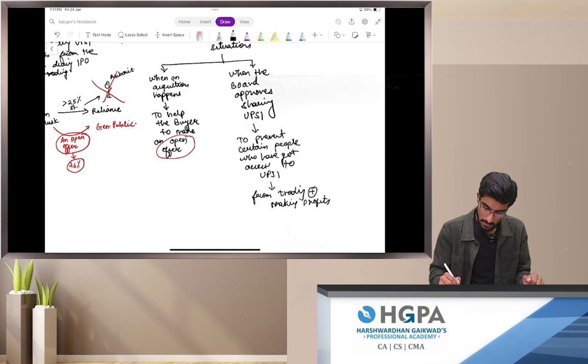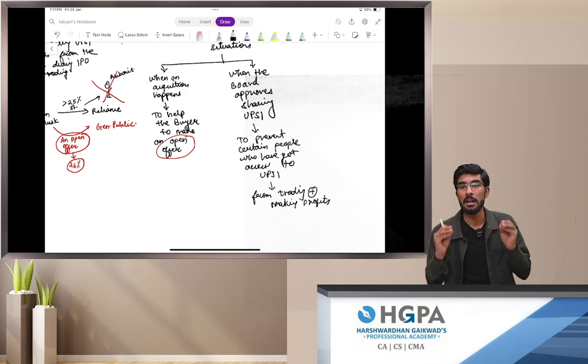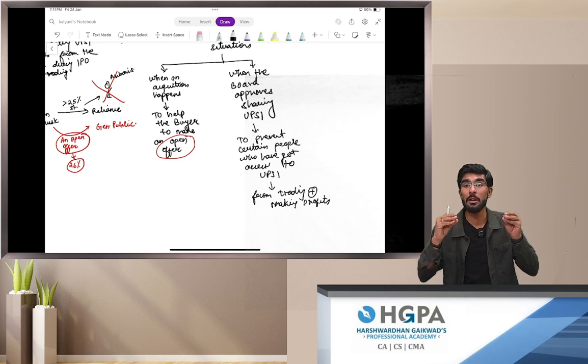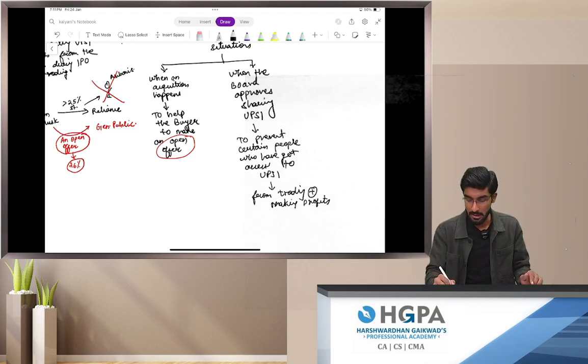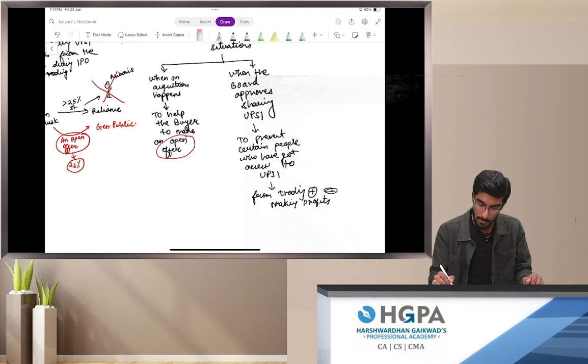Hence, to stop them from doing this, the board consents to disseminate, to release this information directly to the public so that these people will not be able to make undue profits. Cool, people?